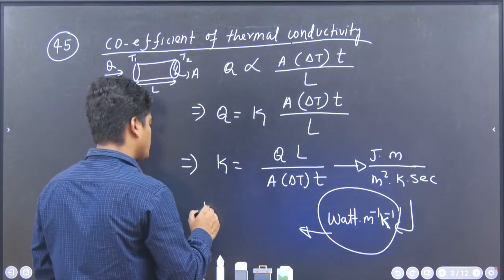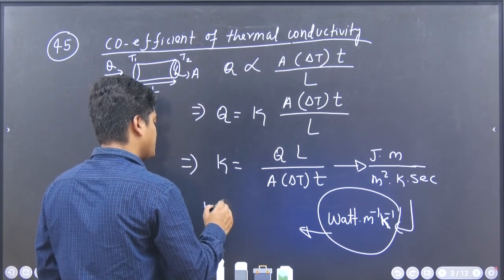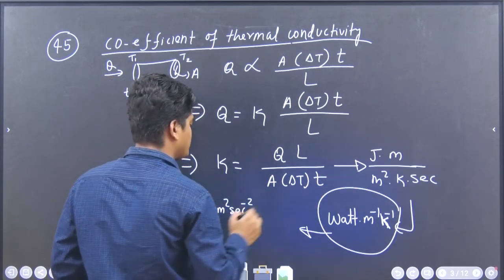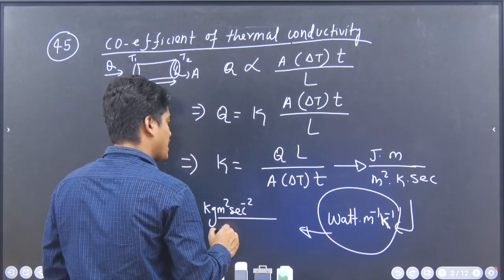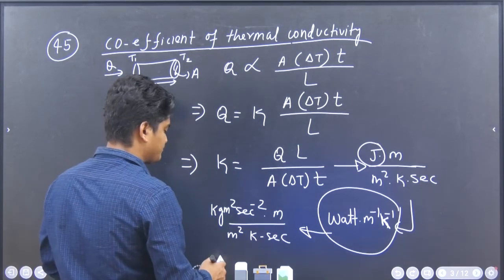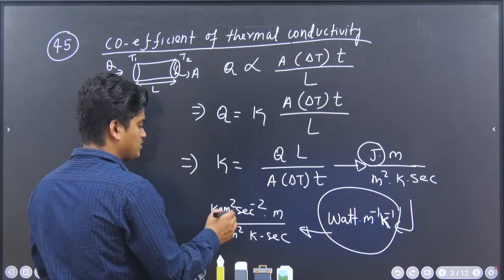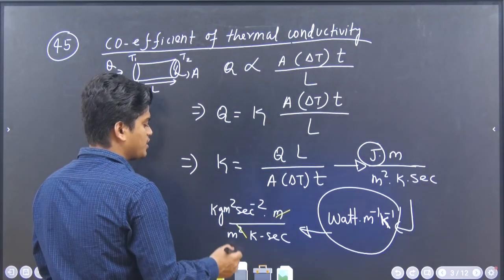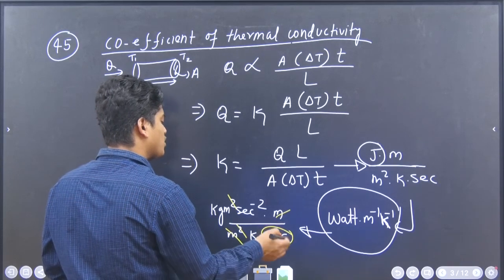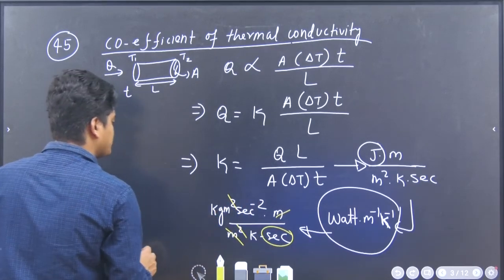Joule is nothing but kg meter square second to the power minus 2. Now this meter square gets cancelled, so down will be meter Kelvin second. Now you can cancel: the meter will cancel to meter square. Now this second will come up, and it will become second to the power minus 3.